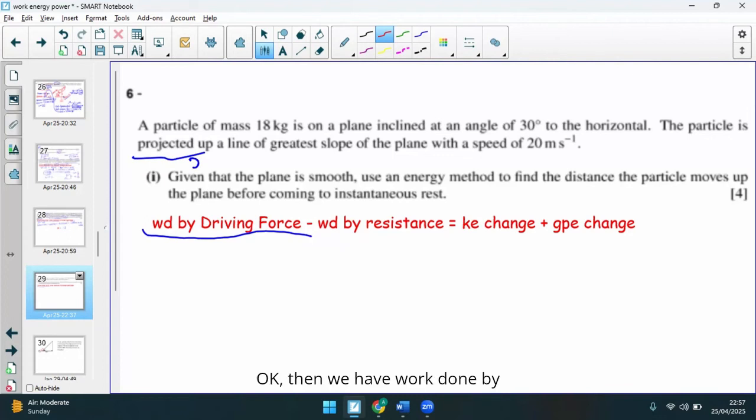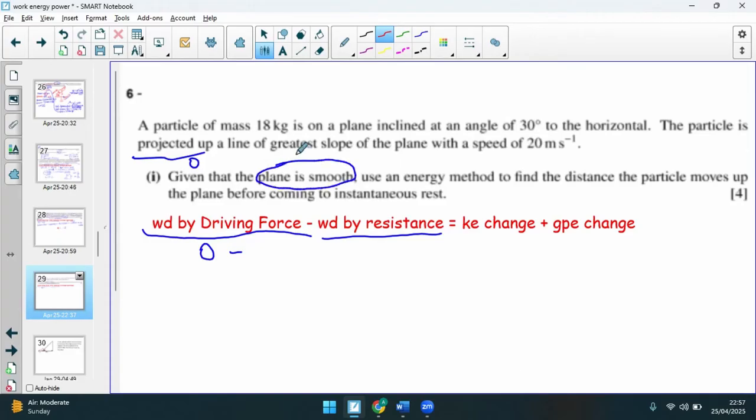Then we have work done by resistance. Now, the plane is smooth. Smooth means no resistance, so that's basically zero as well. KE change now. It's projected with a speed of 20, so your U is 20.